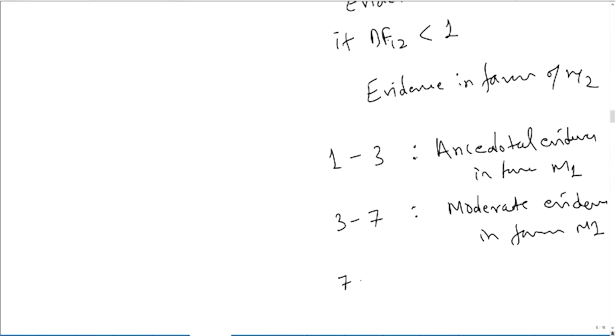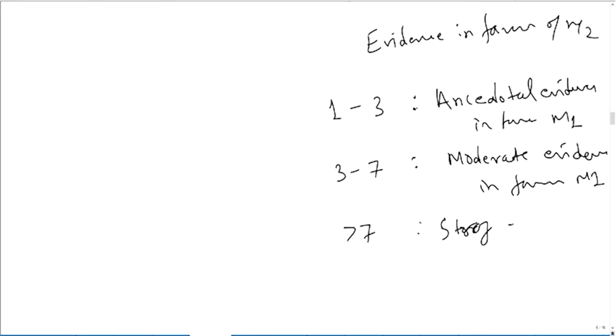If it is greater than 7, then you can say there is strong evidence in favor of M1. If it is greater than 10, strong evidence, like that.